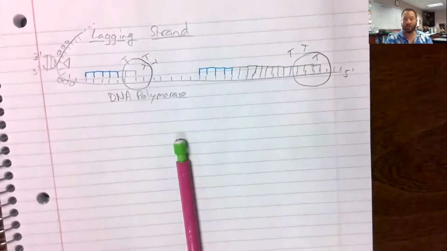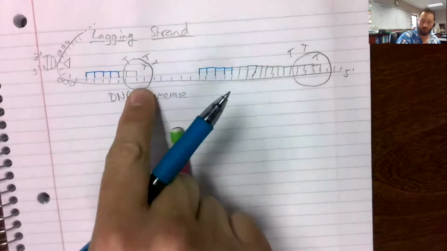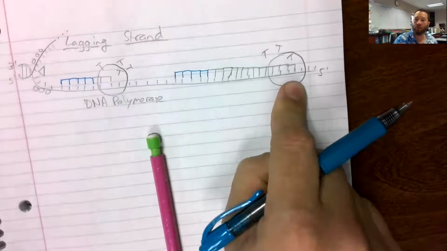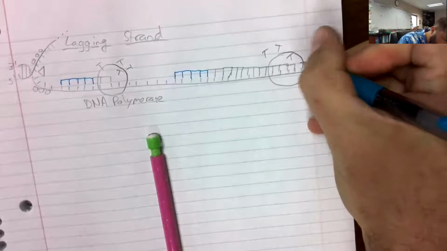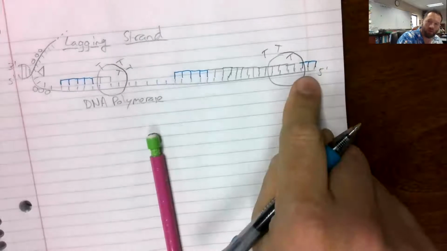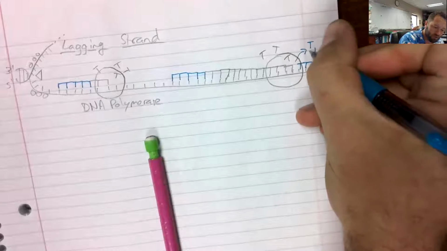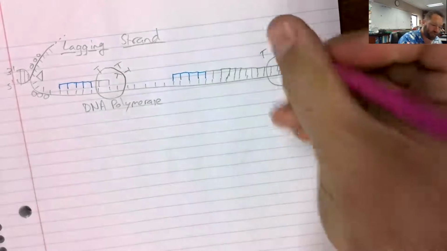And at the end of this one, imagine this guy, as he keeps going, eventually he's going to run into this primer. Well, I'm going to say this guy's been going so long, he's already run into the primer ahead of him. And actually, I'm going to start kicking off some little blue T's. So my black T's are going in.